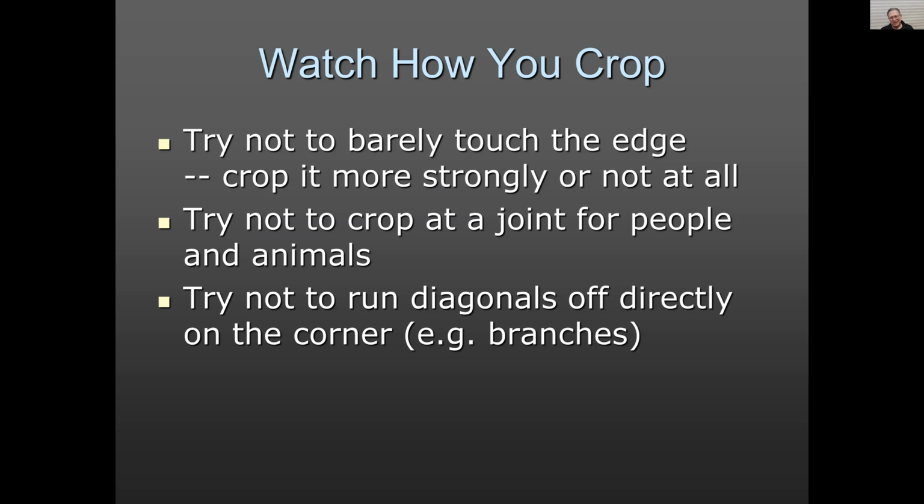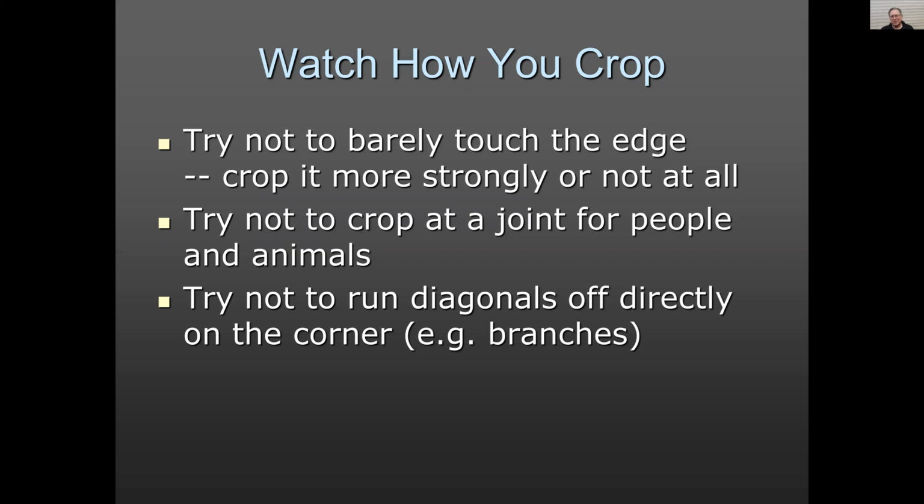And this last one is a little weaker, but if you've got a diagonal, like branches, try not to run them directly to the corner. Make it a little bit above the corner or a little bit below. But again, sometimes it works going right on the corner if that's the way it works for the rest of the picture. So I wouldn't get too hung up on something like that.